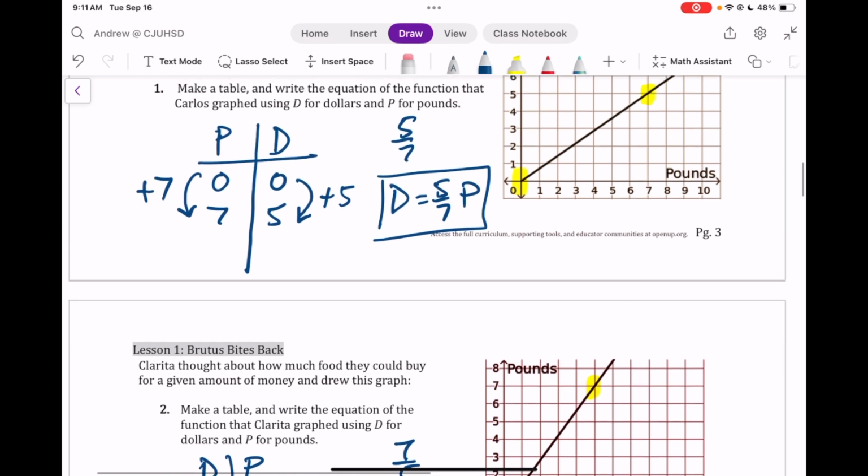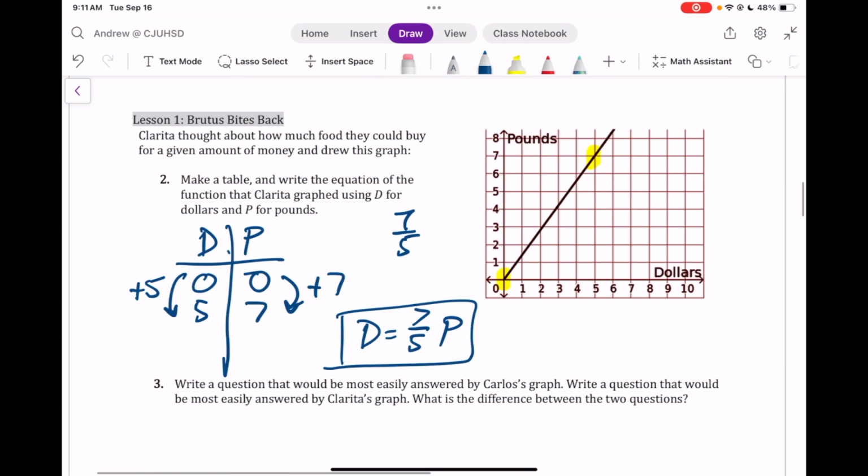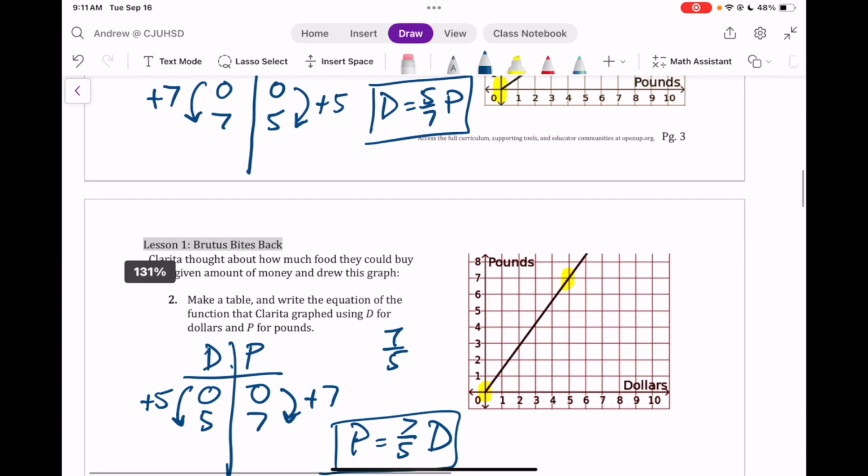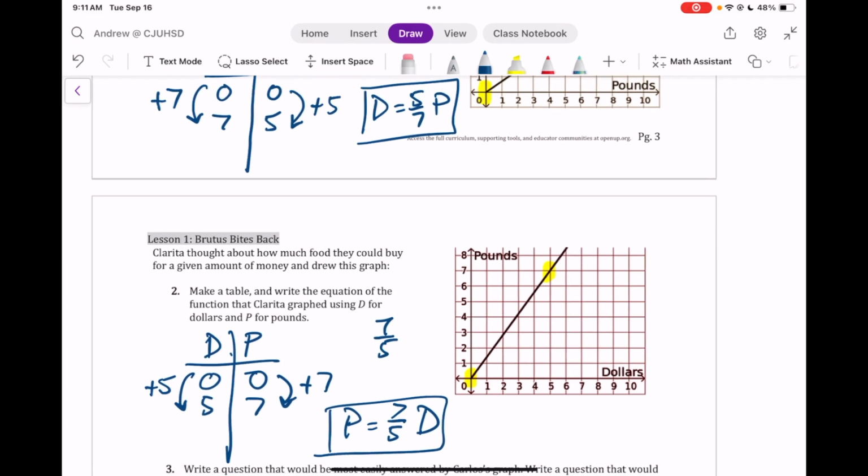I wrote this one backwards. Make a little correction here. That would be P for pounds first and D for dollars second. Yeah, so they're reversed. They're supposed to be reversed in the D's and the P's. And the fractions are upside down compared to each other. We call those reciprocals.